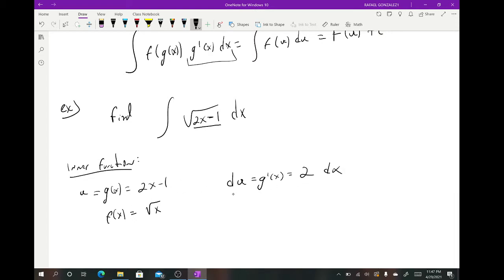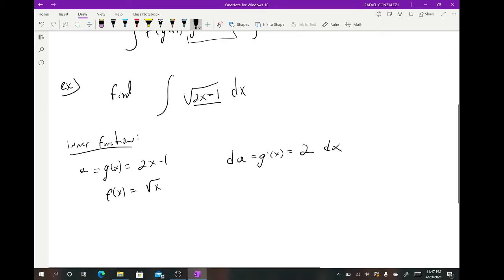So 2 dx. When you take the derivative, you'll add the dx. So let me just rewrite this. So this is du is equal to 2 dx. So notice in my problem, I have f, I have g, but I don't have du, meaning I don't have the derivative of g. I don't have a 2 here.